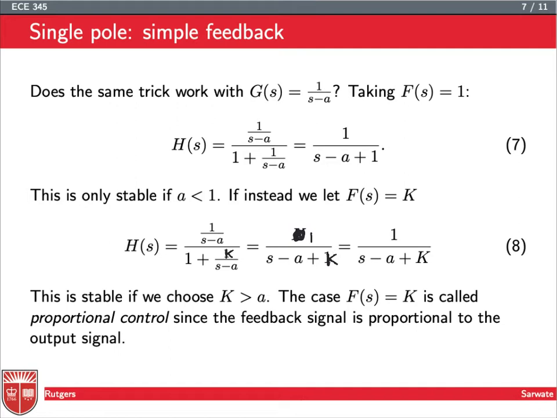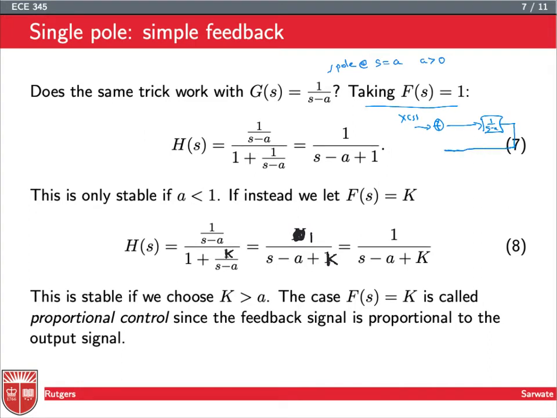So does the same trick work if I have a pole at s equals a, where remember, we're thinking of a as being greater than 0. So let's again look at the simple case, F(s) is equal to 1. So again, we're looking at this picture. X(s) goes in. Here's G(s), so this is 1 over s minus a.